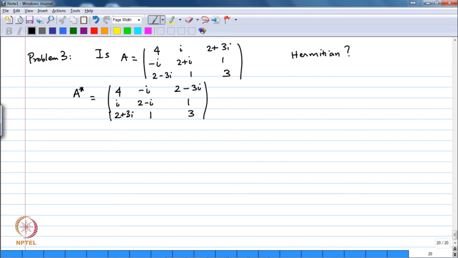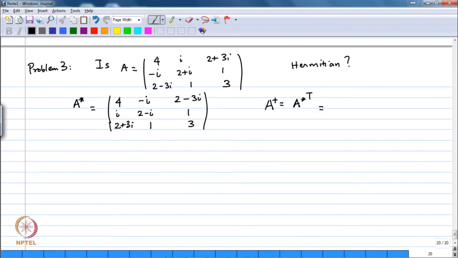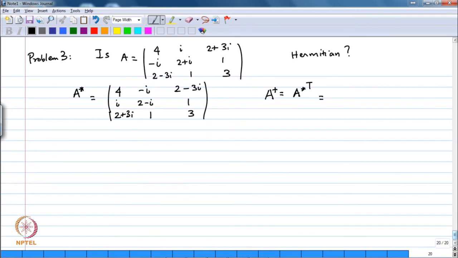Okay. And if you take A dagger, this is nothing but you take the complex conjugate and then you take the transpose. So, you are just going to take the transpose of this matrix, and the transpose of that matrix is given by 4, I, 2 plus 3 I, minus I, 2 minus I, 1 and 2 minus 3 I, 1, 3.